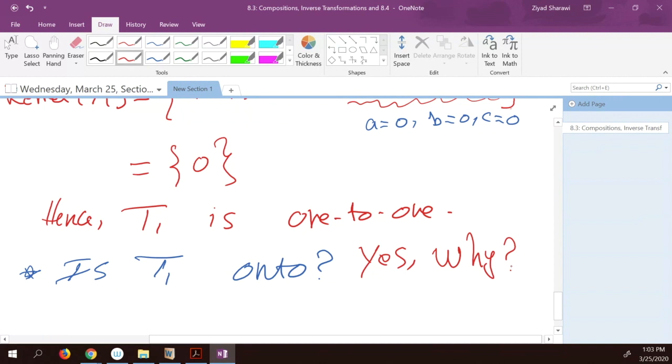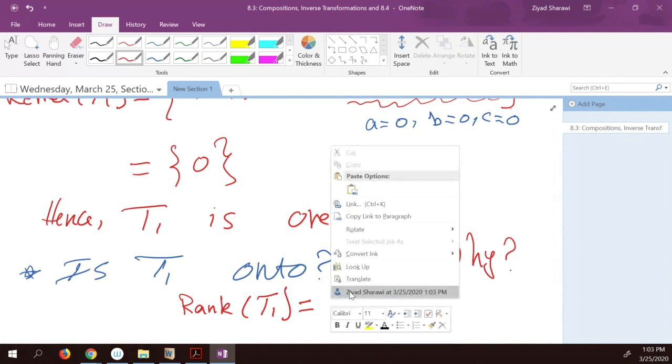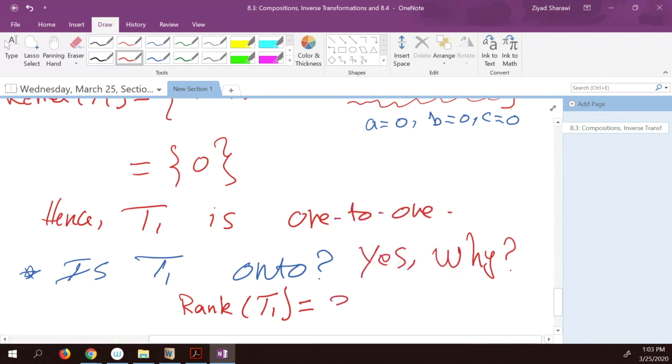Rank T1 equals dimension. Very good, Smith. Yes. Because rank T1 is the dimension, using the theorem, rank plus nullity equals the dimension of the domain. So rank T1 is going to be the dimension of P3, 3 minus 0, which is 3.